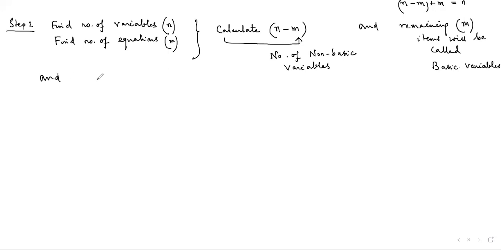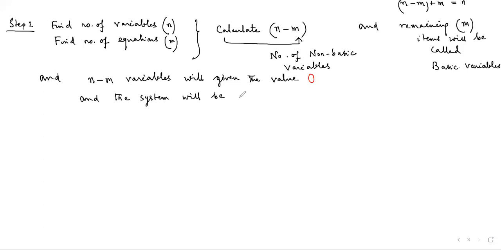And not only this, the n minus m variables will be given the value 0, and the system will be solved for m equations and m unknowns.